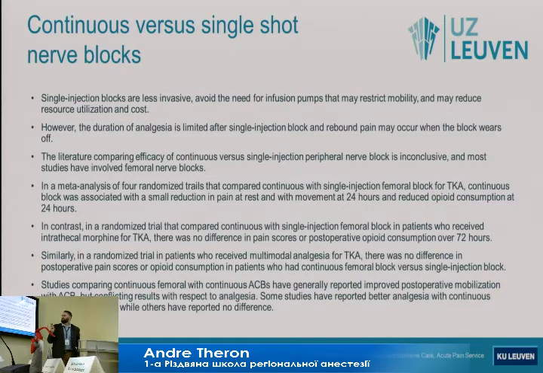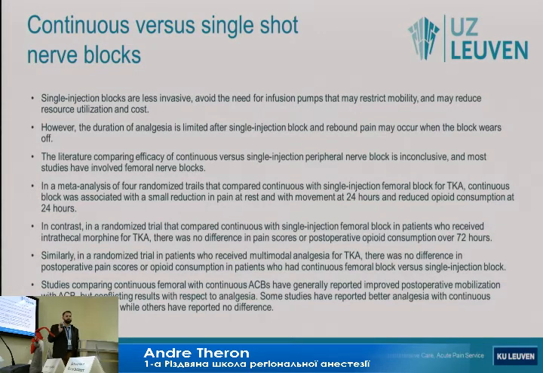If you look at pain management-wise, only for complex knee surgeries or repeated knee surgeries is a catheter actually indicated. There is no big difference between single shot and continuous nerve block in simple surgeries.